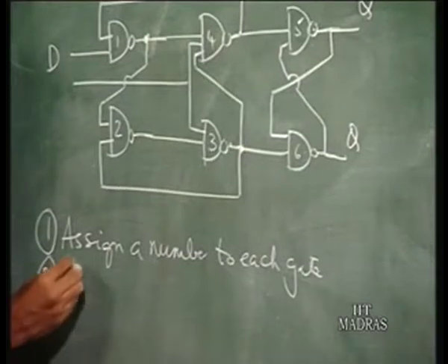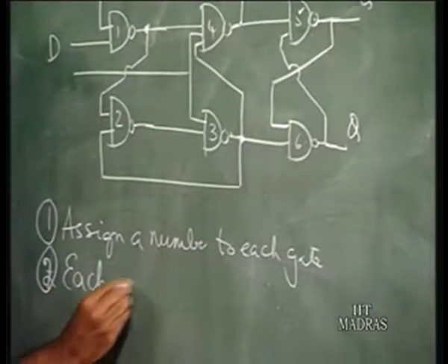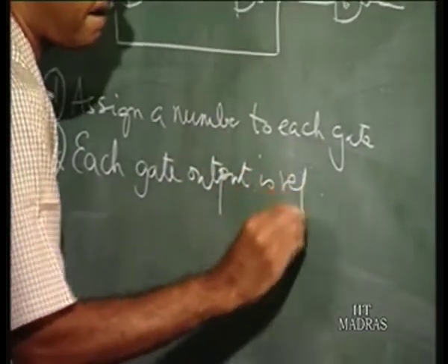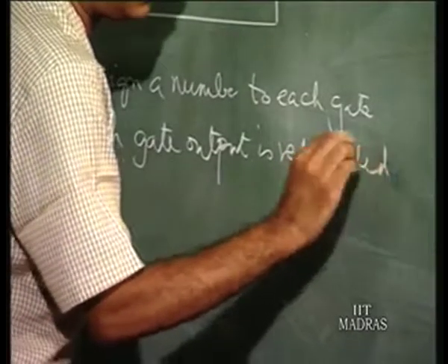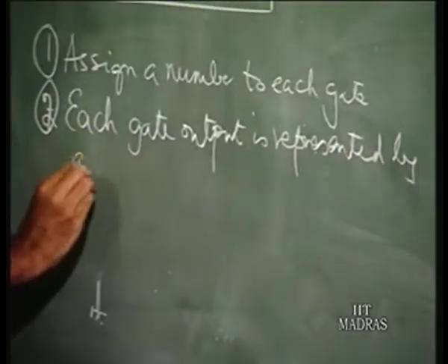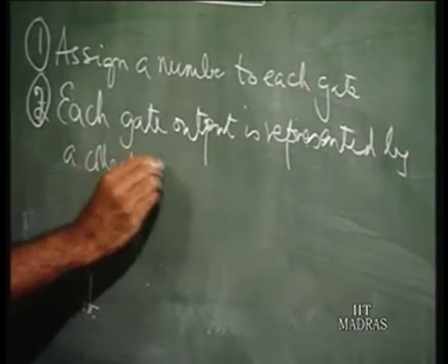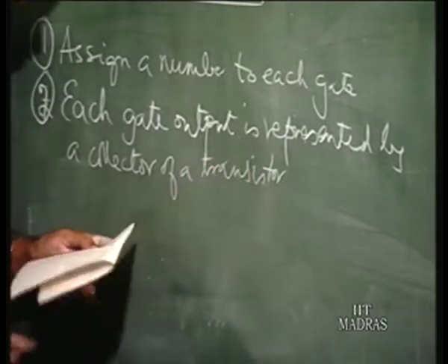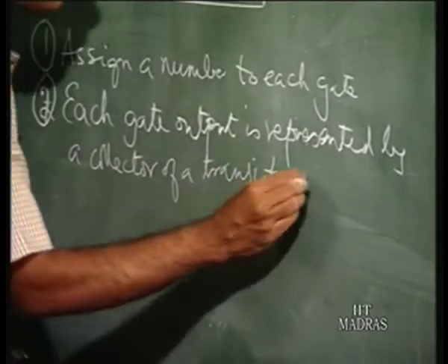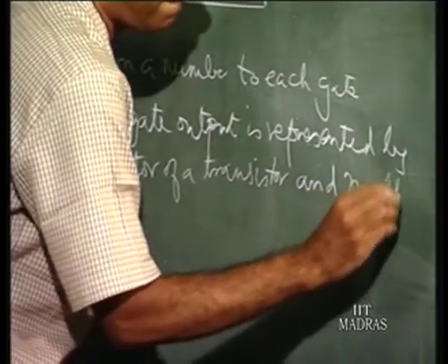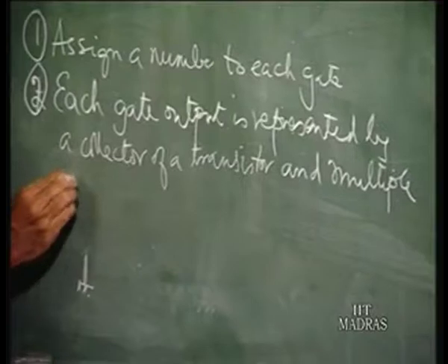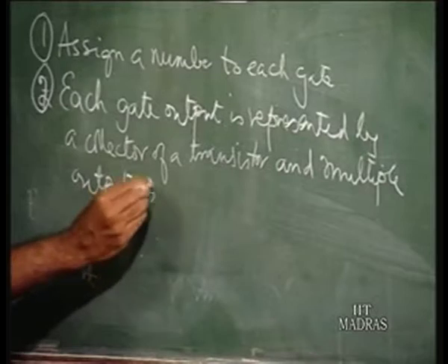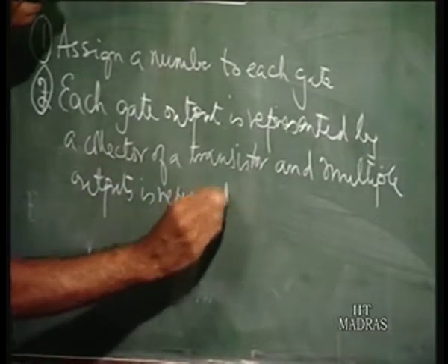So each gate output is represented by a collector of a transistor, and multiple outputs are represented by multiple collectors.